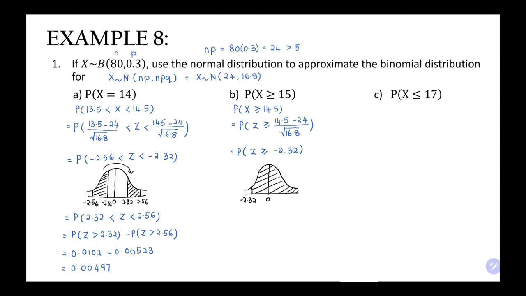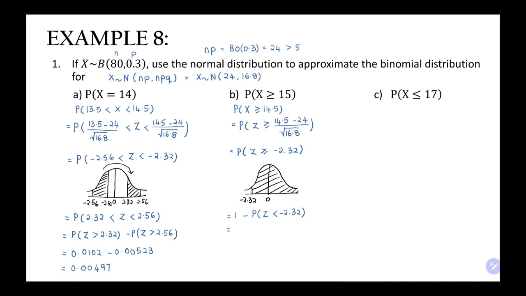Okay, to find this area, we take all probability, all area. All area is 1. Then we minus with this tail. Yang tak ada lorek ni kita tolak. Kita tak nak dia. So P(Z less than negative 2.32). Tail ini ke arah kiri. That's why saya use less than.